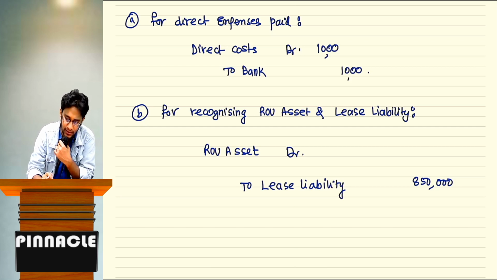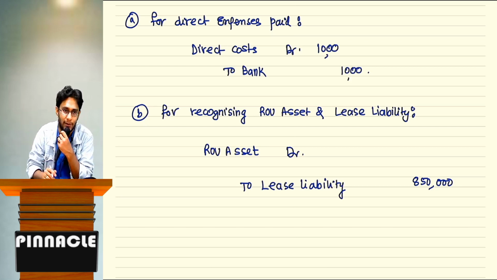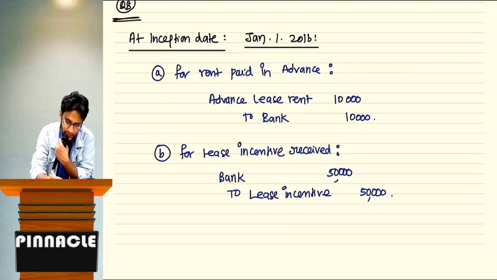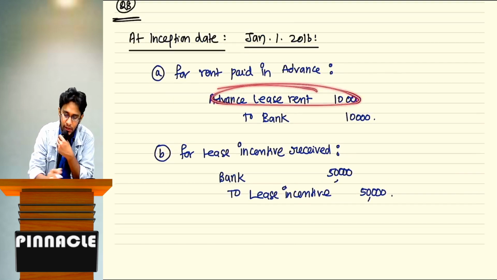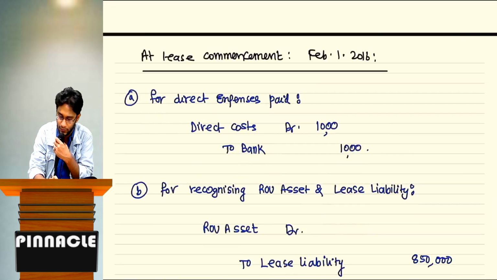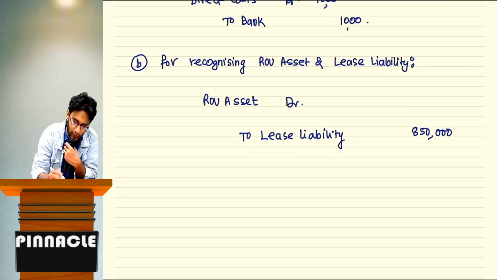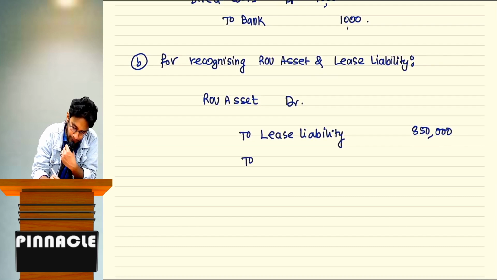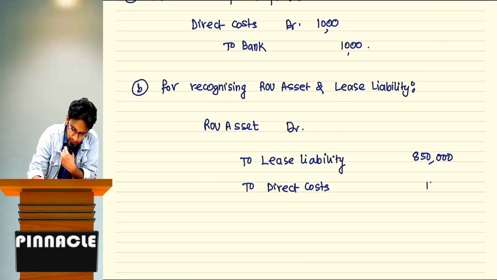But ROU asset also has to be increased with the direct expenses, which have to be capitalized. Payments made before commencement of the lease also have to be capitalized to ROU asset. So in this entry you offset them: direct costs, that 1,000, and advance lease rent.